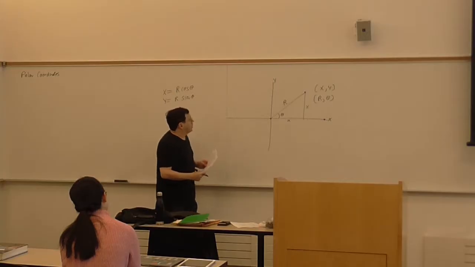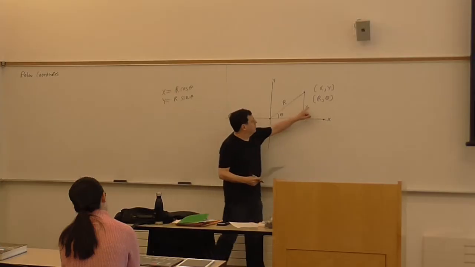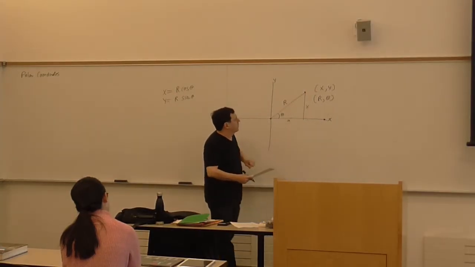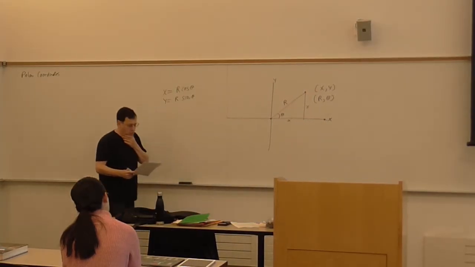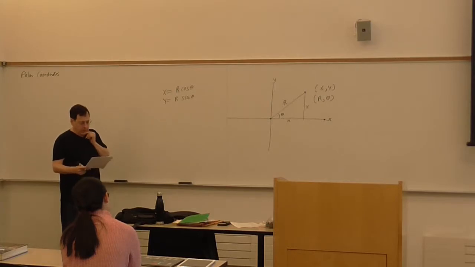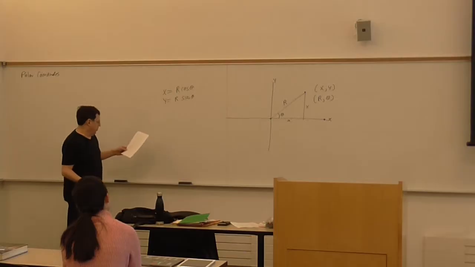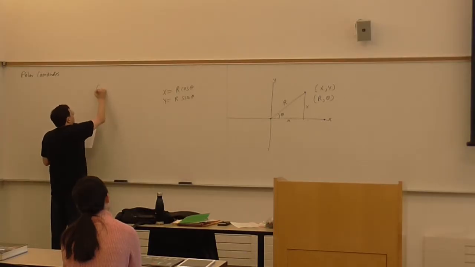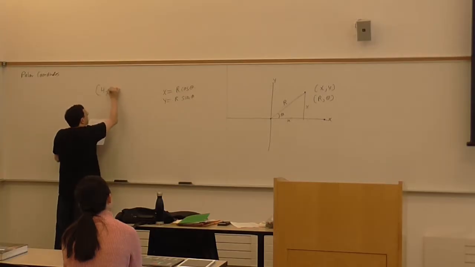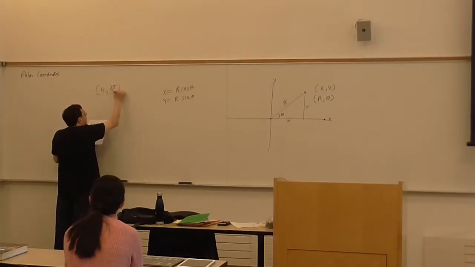So, given a set of polar coordinates, it's very easy to convert them back to xy Cartesian coordinates. Just take a simple example. I have the polar coordinates 4 and 2 pi over 3.